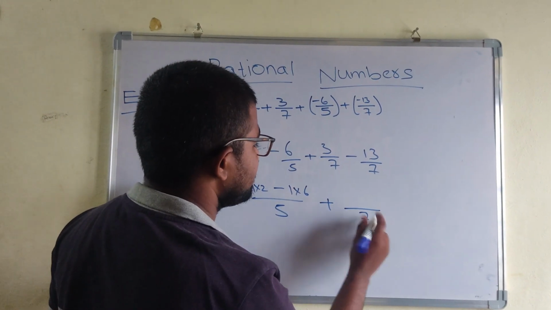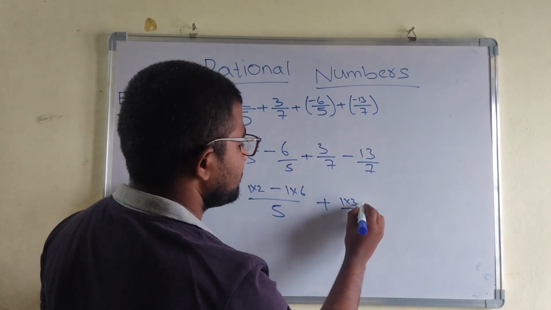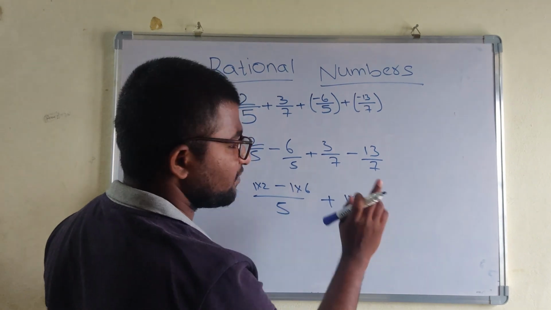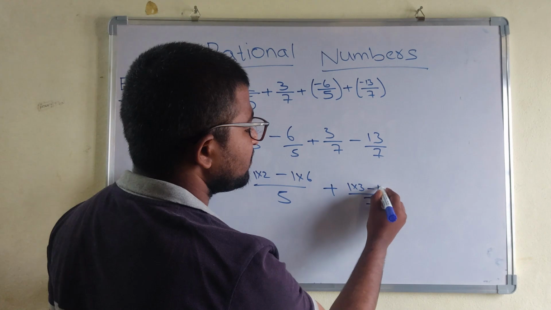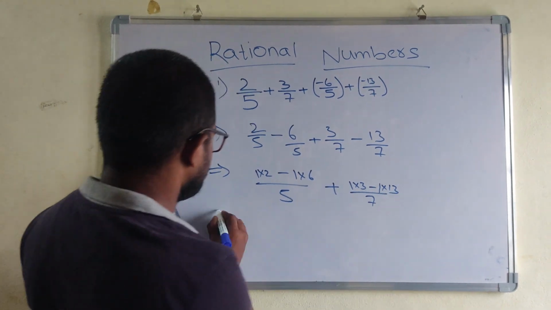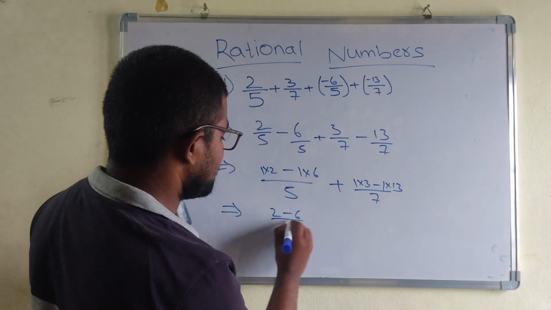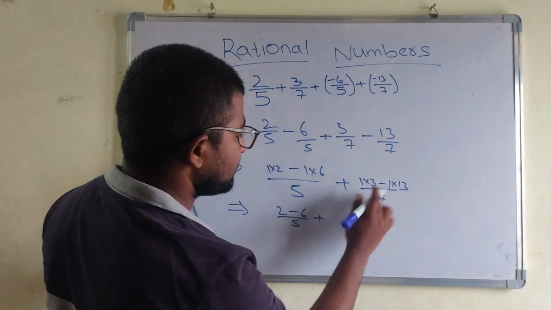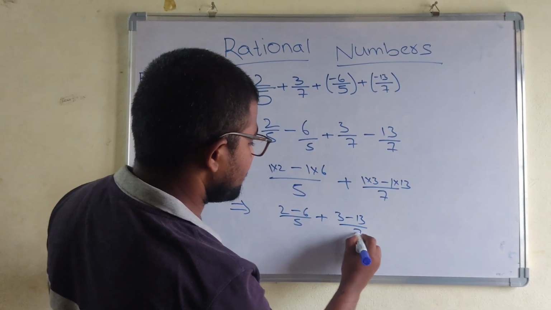That is 7. 7 1s are 7, 1 3s are 3, that is 1 into 3 minus 13 by 7. Next, 1 into 2, 2 minus 6 by 5 plus 3 into 1, 3 minus 13 by 7.